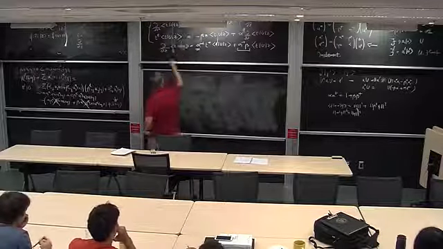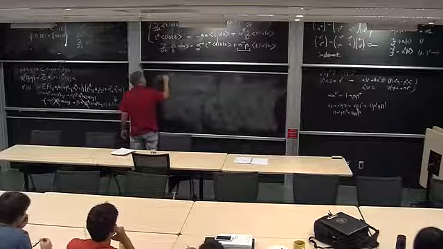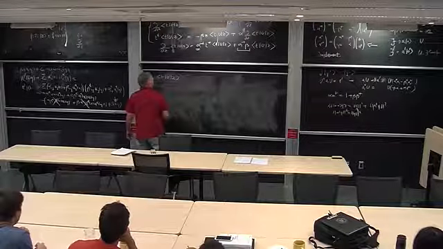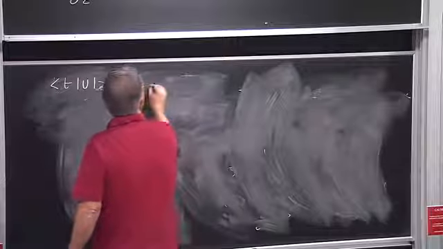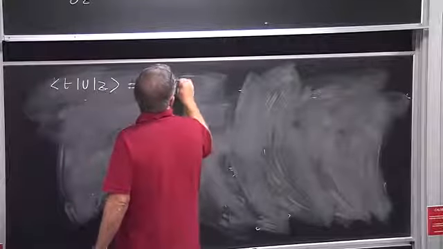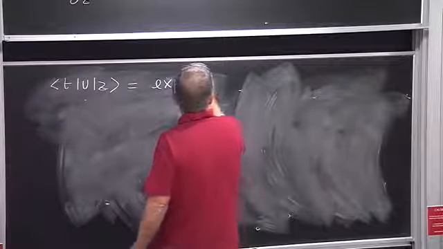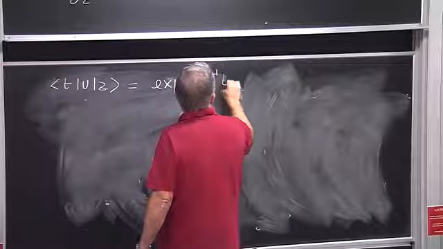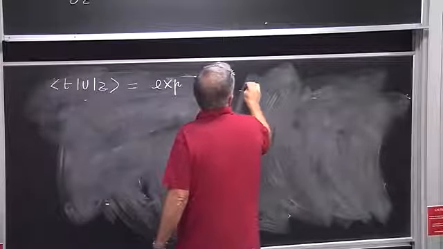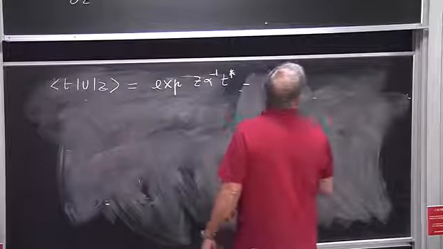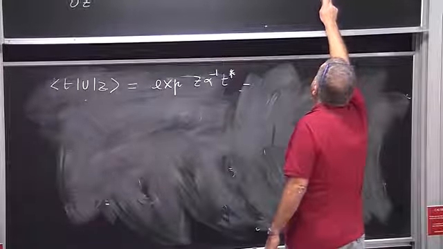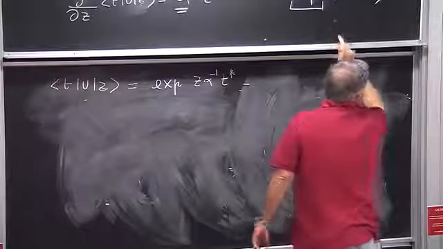So I get here T u z is the exponential of z alpha minus 1 T star, plus, I forgot something here, a z.